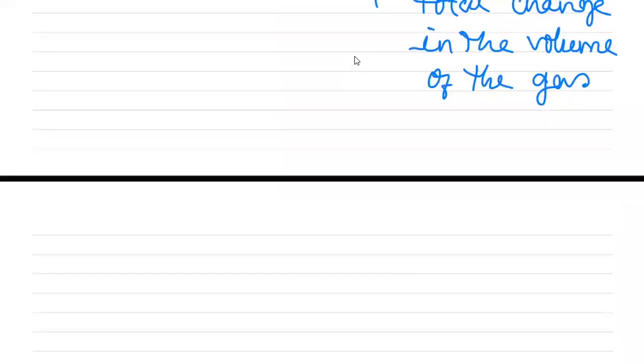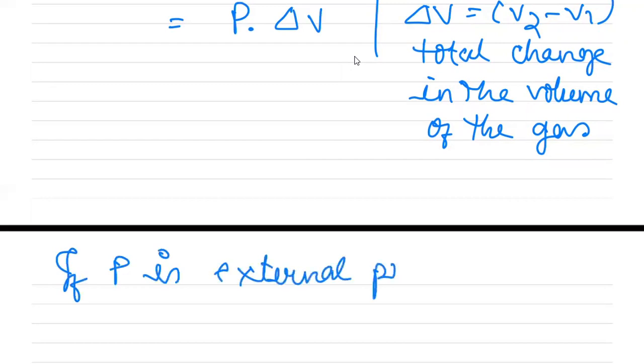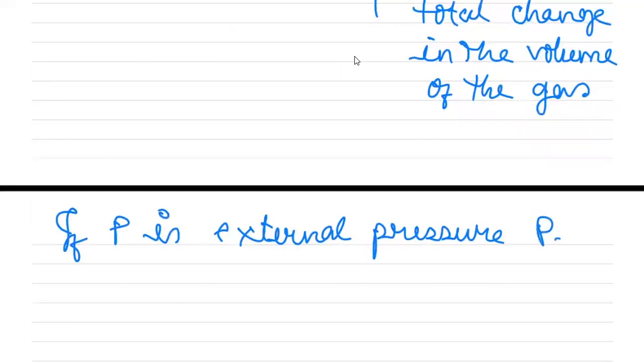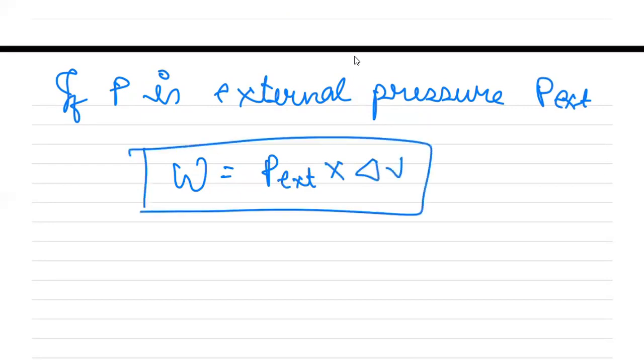So if P is the external pressure, then we have to use P external, and the equation becomes W equals P external into del V.